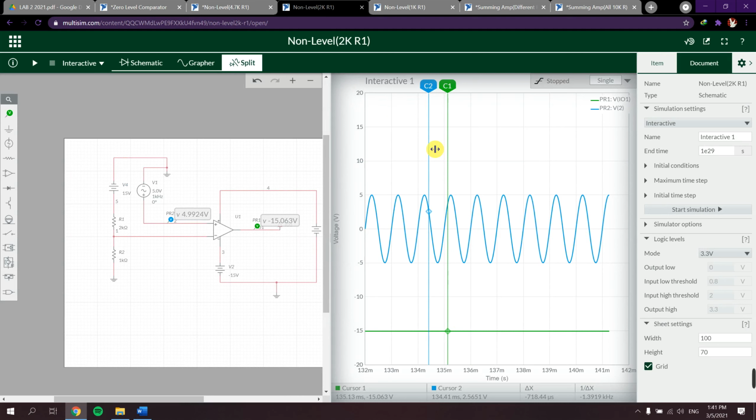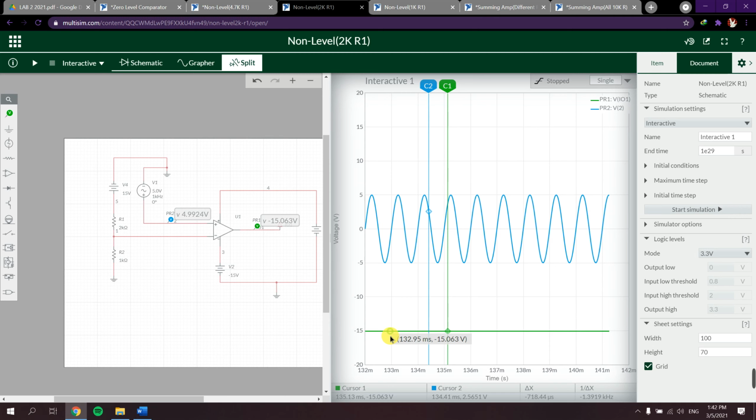For this one, since we got 5 volts for V reference, the input will never go more than 5 volts, because we only input 5 volts as the voltage input. So the output is stuck at negative 15 volts, because that is the maximum negative output for our circuit.